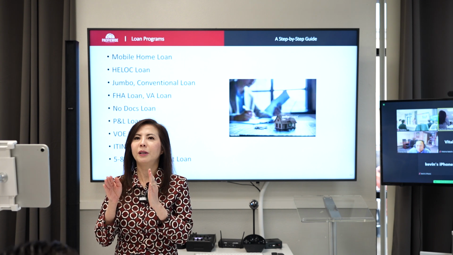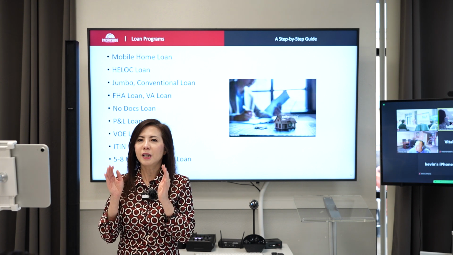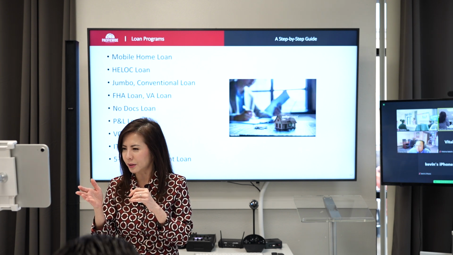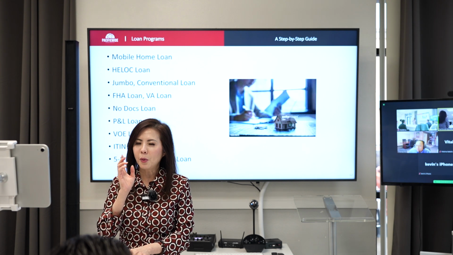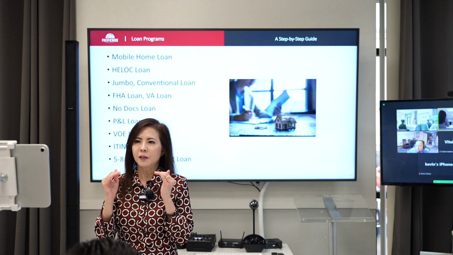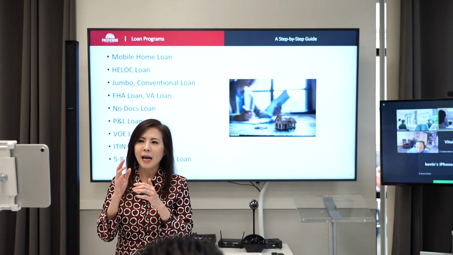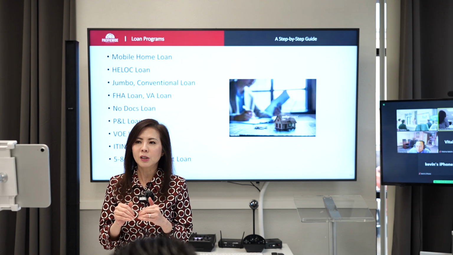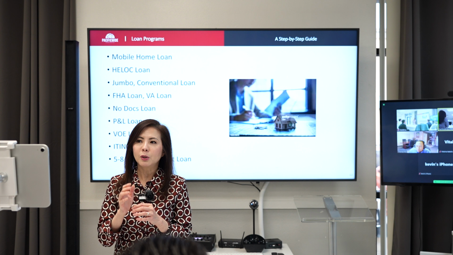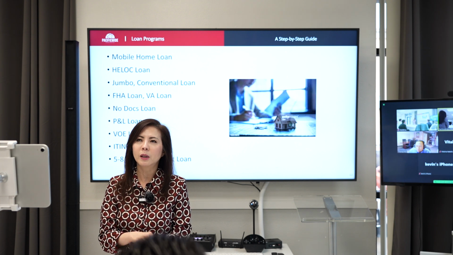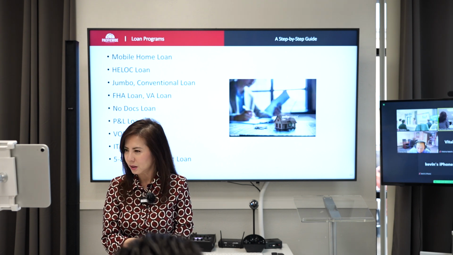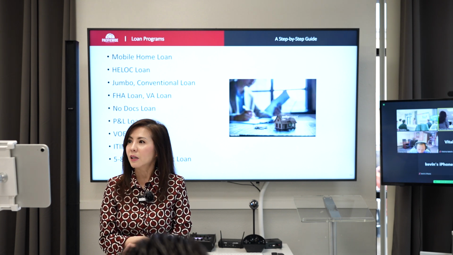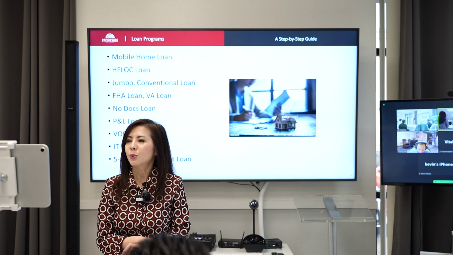Exactly. Okay, let me repeat. For an FHA loan, the maximum loan amount for high balance is 920,000 with 3.5% down. But for a conventional loan, for conforming high balance, 5% down payment is the minimum. For a conventional loan with 3% down payment, you can only do a conforming loan, and I think the limit is 726.